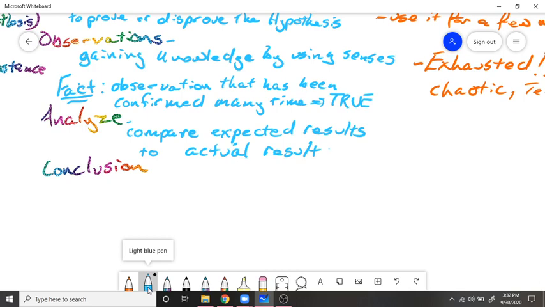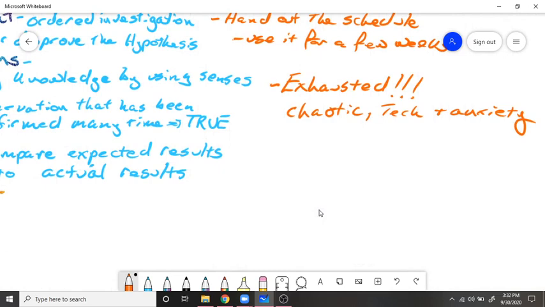I need to look at what I wanted to have happen, and did that actually happen? And my analysis, not so good. My expected results were that everything was going to be great. The actual results, not so much.